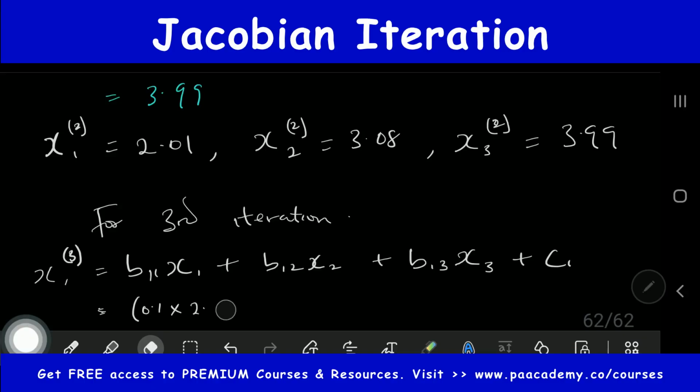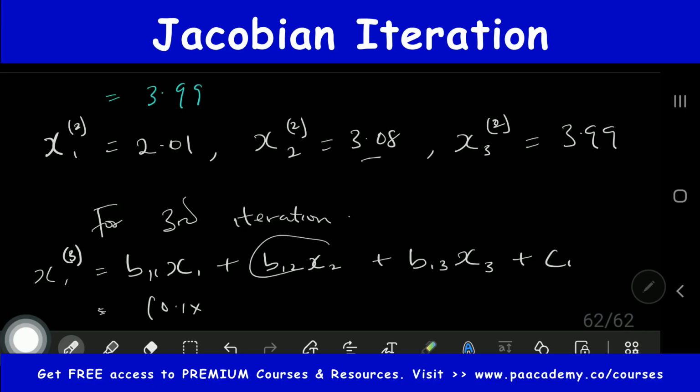Okay, so let me just explain this. Our b11 is actually 0, so since it's 0, everything will be 0. So we are moving to b12 straight up. The value for our b12 is 0.1. So that will be 0.1 times our x2, which is 3.08. I was correct earlier.